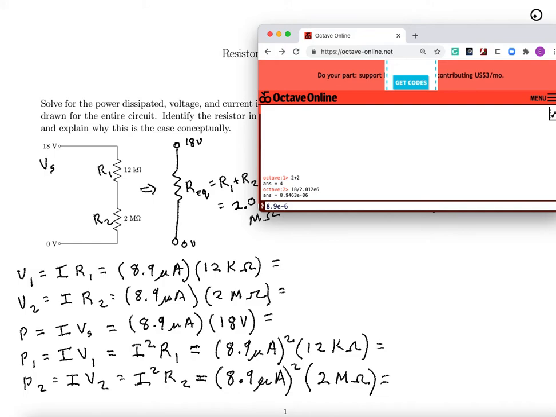Make sure we're clear about the order of operations. I'll use parentheses. So that's the current times 12 E3, and I get 0.1068.